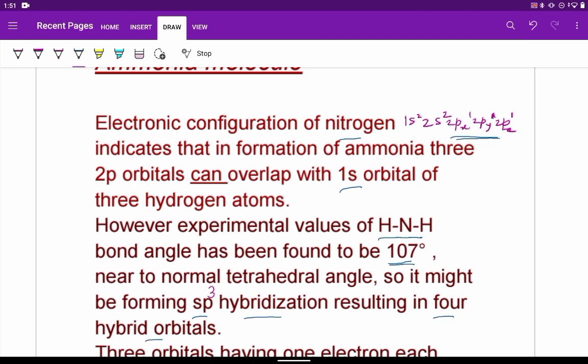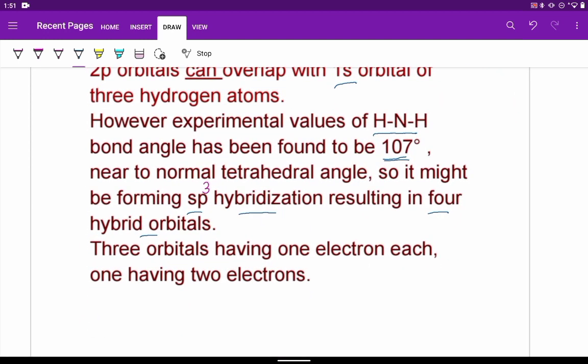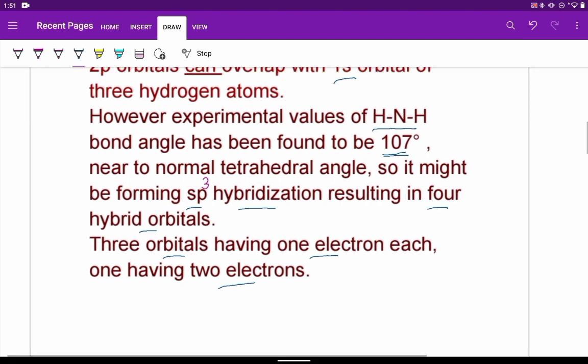So here 2s, 2px, 2py, 2pz, all these 4 orbitals will participate in the hybridization. After hybridization, 3 orbitals will have 1 electron each and one will be having 2 electrons.